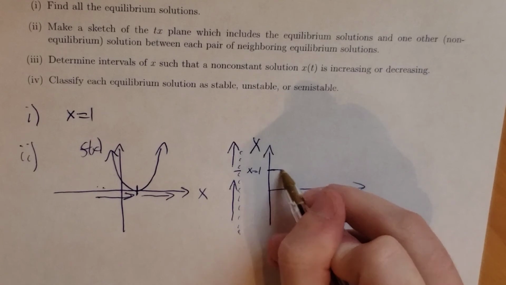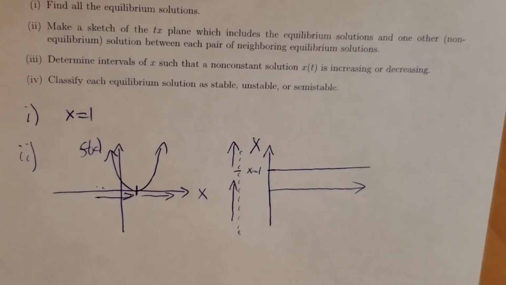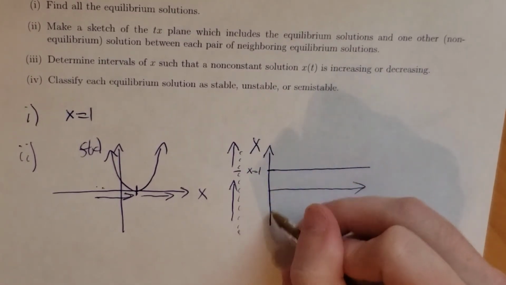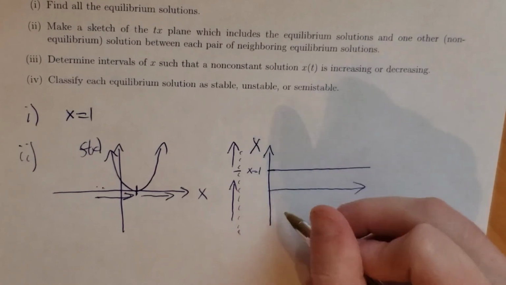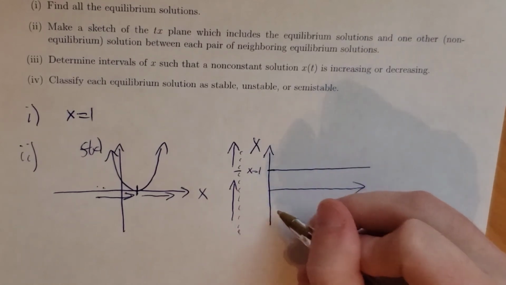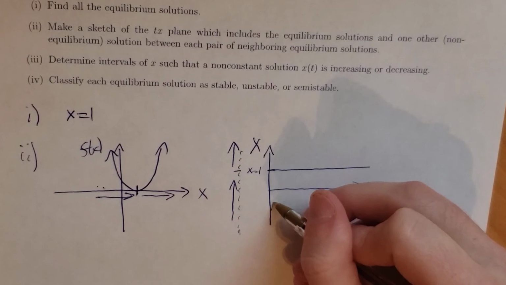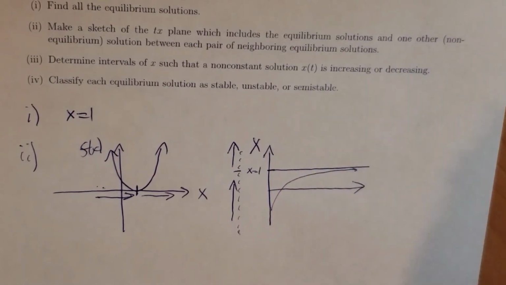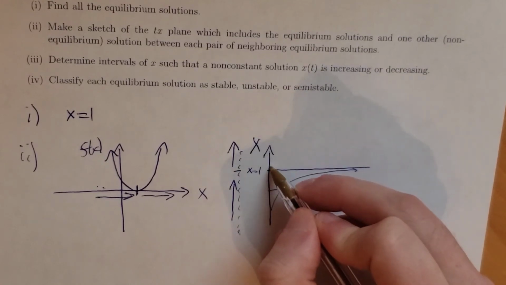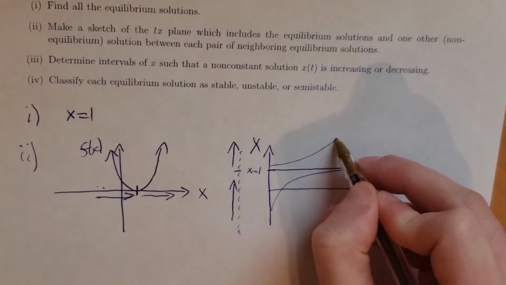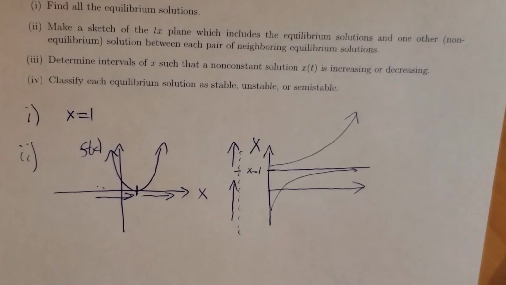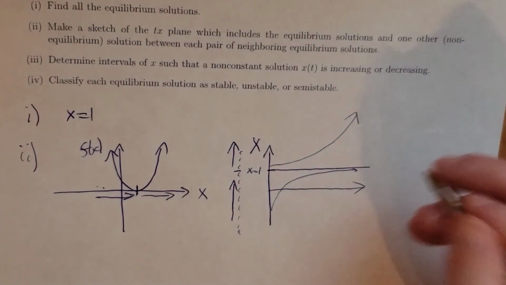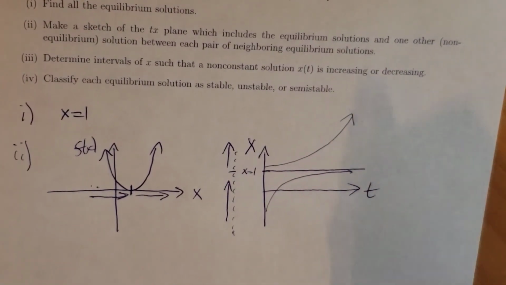Okay, I'm going to draw our equilibrium solution. If we start somewhere down below, what's going to happen is our function is going to increase and then approach 1. And if we start above x equals 1, our function is going to move away from x equals 1. So here's our picture of the tx axis.